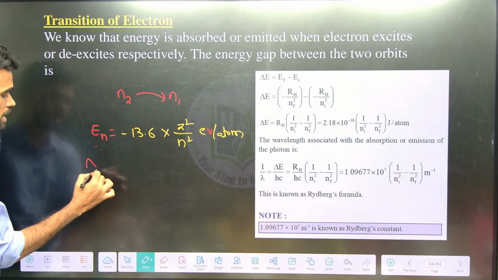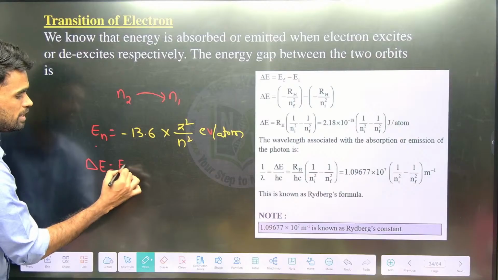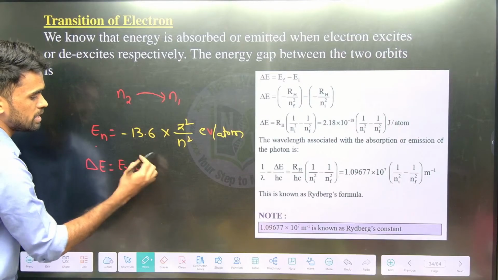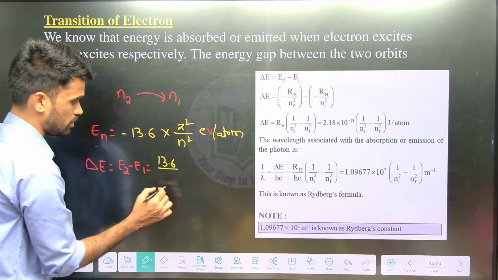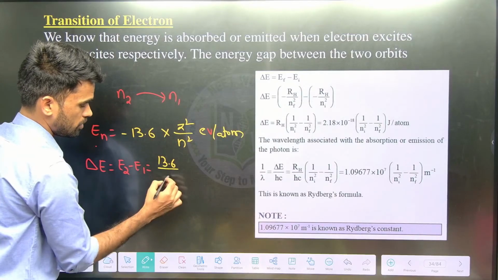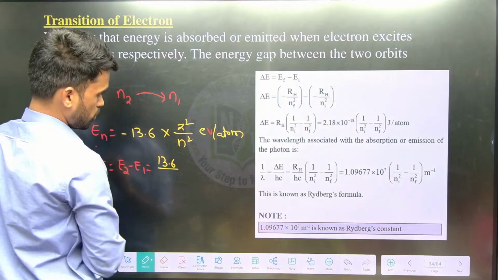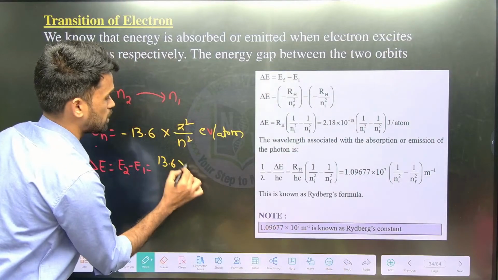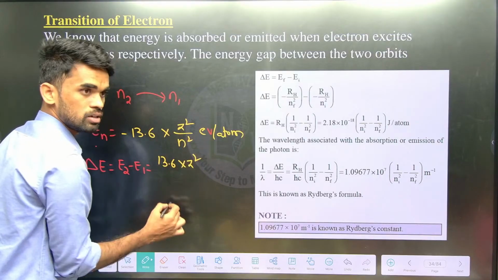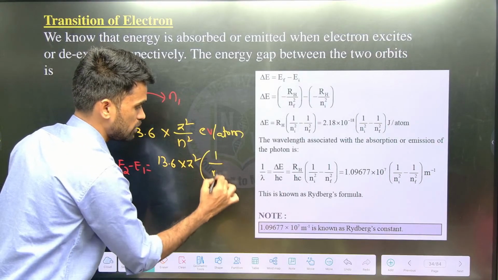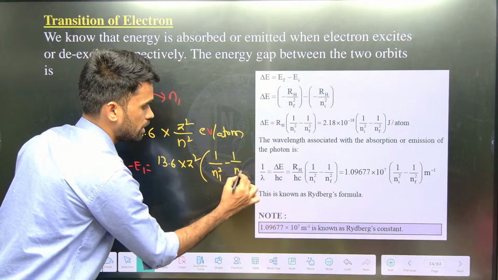So delta E equals E2 minus E1, which equals 13.6, removing the minus sign, times Z square, since for a particular atom the atomic number is the same, times 1 by N1 square minus 1 by N2 square.